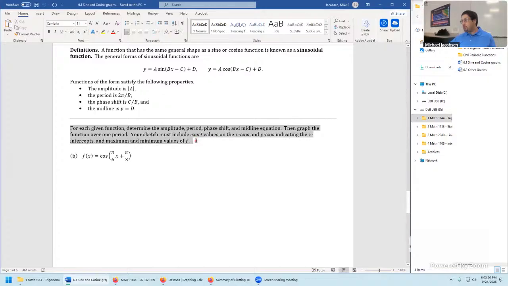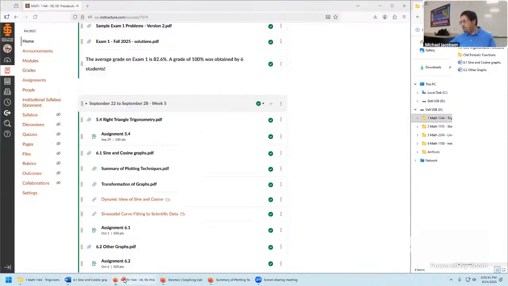Pretty much these instructions are repeated verbatim. Another thing I want to point out: I felt like the actual problems in the textbook were great, but I didn't like the instructions, because being a little more specific on the instructions really highlights what we're trying to go for on a completed plot. Because of that, assignment 6.1 and assignment 6.2 go a little differently.